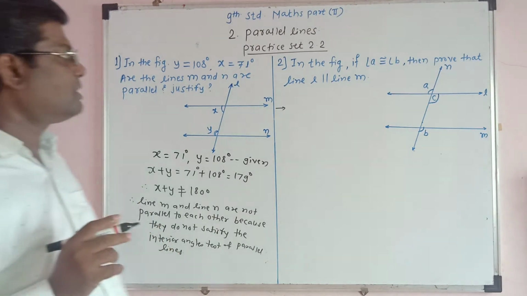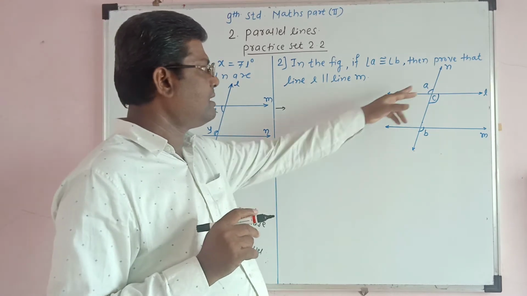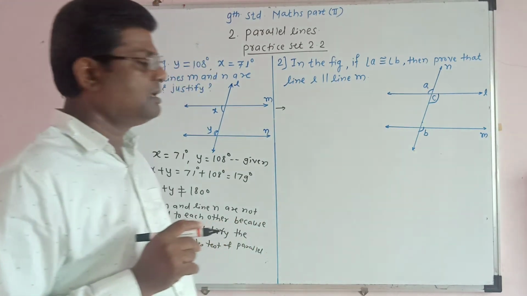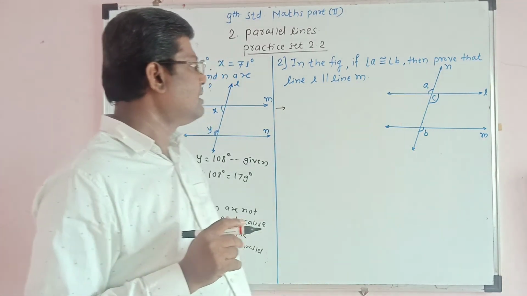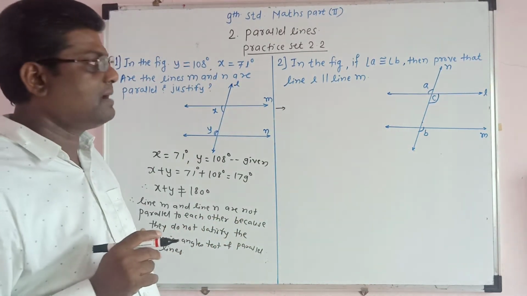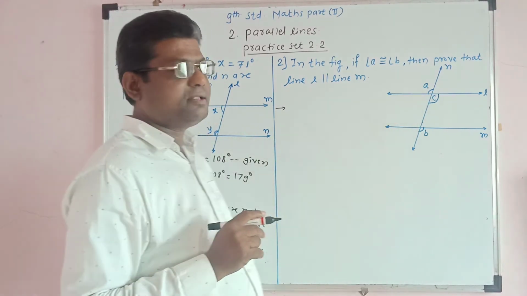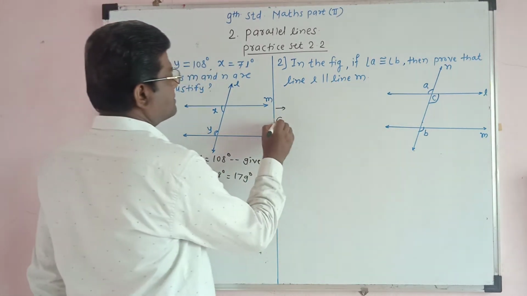Now example number 2. In the figure, if angle A congruent angle B, then prove that line L parallel line M. Consider angle C as shown in the figure.